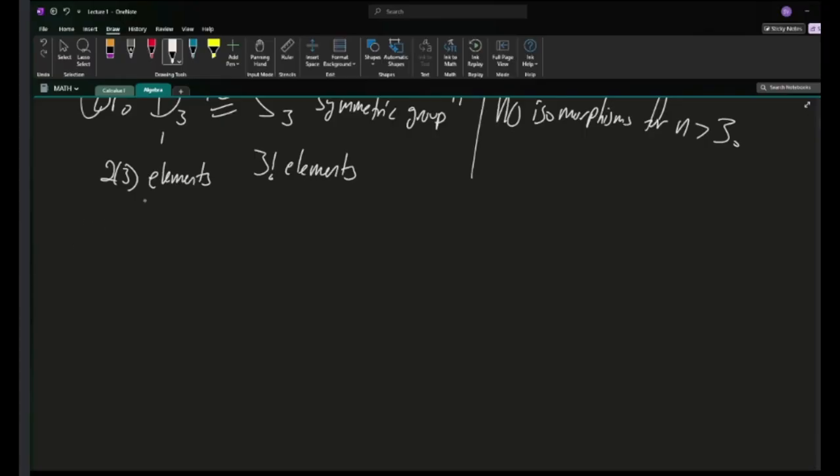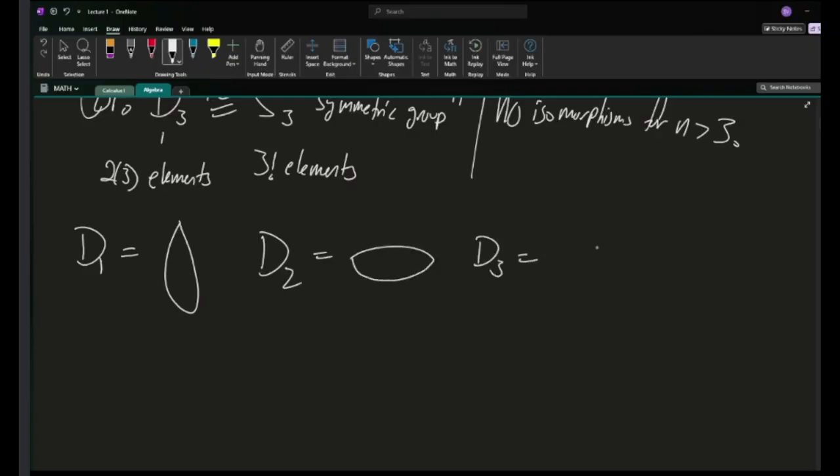Another key piece of information is that D1 is generally denoted as kind of like a teardrop. Let me draw that better. D2 is denoted kind of like an eye, like a football. D3 is denoted as a triangle.